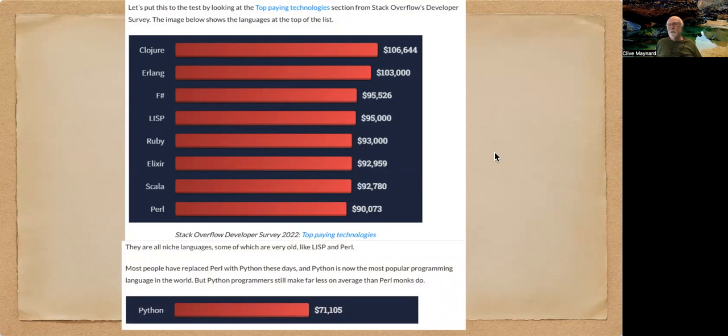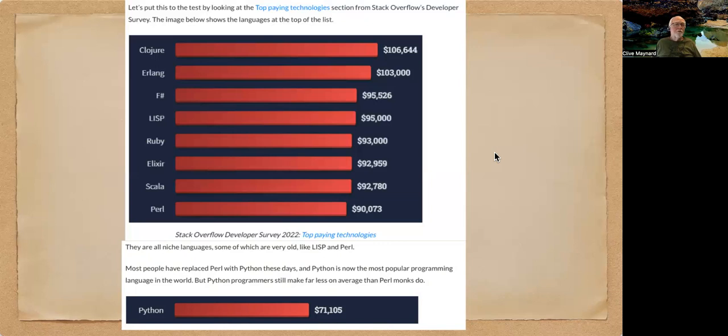Now, of course, any surveys can be manipulated to represent what you want. So whilst I'm saying here that you're getting high pay for Clojure and Lisp and even Perl, it's not saying how many people are employed at these levels.